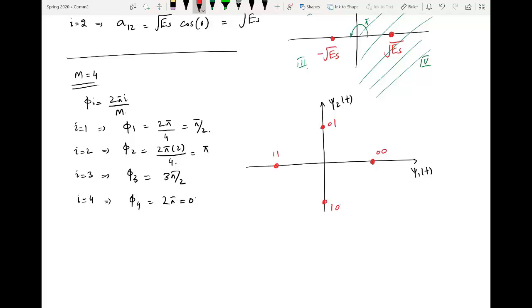But the main point is that the energy or the amplitude of each of these points is the same, which is square root of Es. So the magnitude will also be the same. So they will be in the form of a circle like this, a circle having radius square root of Es. So that is the formation of the constellation diagram.